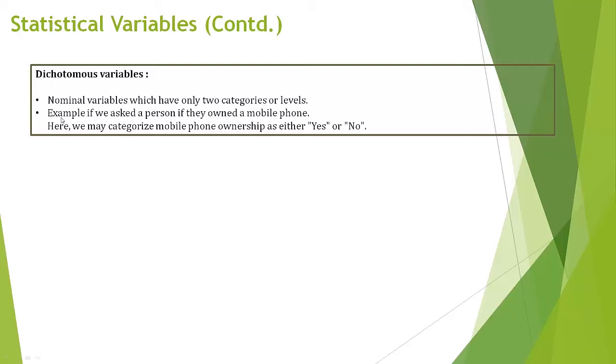Here we have an example. If we ask a person whether they own a mobile phone, what do you expect as the answer? It could be either a yes or a no. So only two levels are possible in a dichotomous variable. Such variables are called dichotomous.